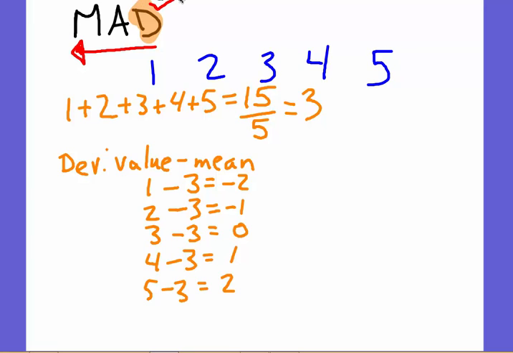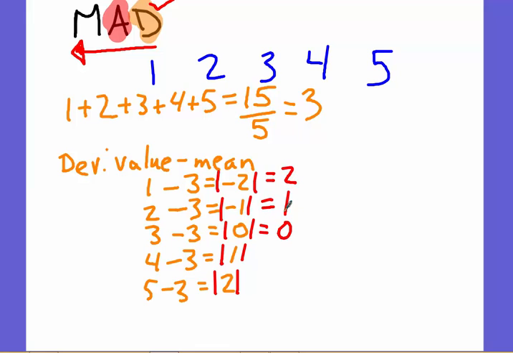Well, I'm going to go to my absolute value next. That A stands for absolute, so I'm finding the absolute value. I'm just taking the absolute value of all of these numbers. Remember, with absolute values, I'm just changing them to positive. The absolute value of negative 2 is 2, negative 1 is 1, 0 is 0, 1 is 1, 2 is 2.